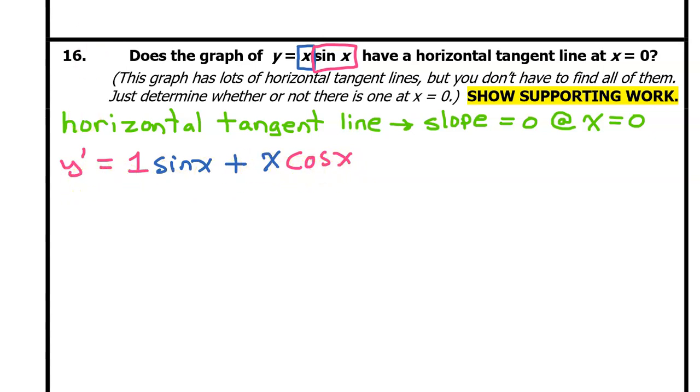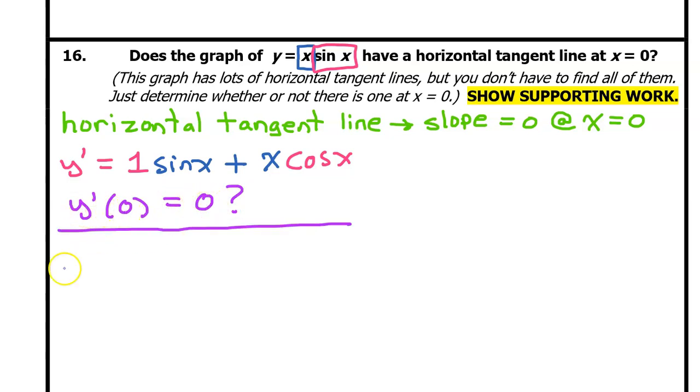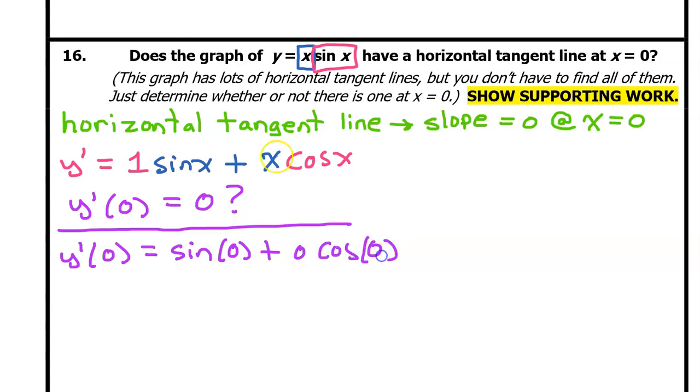So the question is, is y prime at x equals 0 equal to 0? In other words, is the slope at 0 equal to 0? Well, y prime at an x value of 0 will equal sine of 0 plus 0 times the cosine of 0.